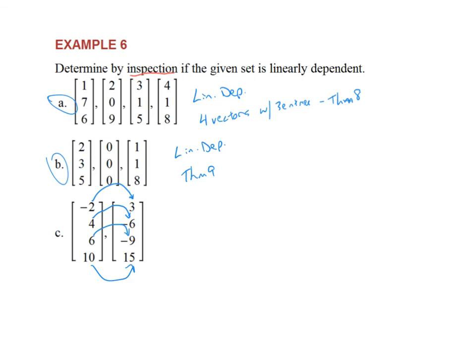So 3 of them work. This one's a fail. So this set, because the vectors don't scale each other, that set is linearly independent. And the only time that I can use scalars as a reason for linear independence is if I only have 2 vectors. That's the only time that argument can apply.